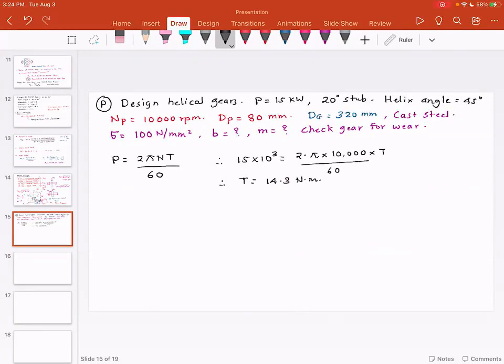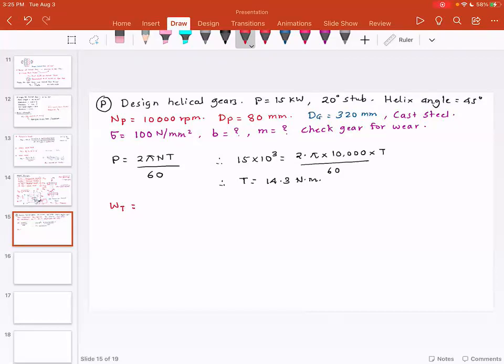Now we want to find out the tangential load on the pinion, WT. One thing I want you to remember is that tangential load WT is responsible for torque. Normal force, radial force or axial force cannot give you torque because they are not perpendicular to radius. Only tangential force is perpendicular to radius.